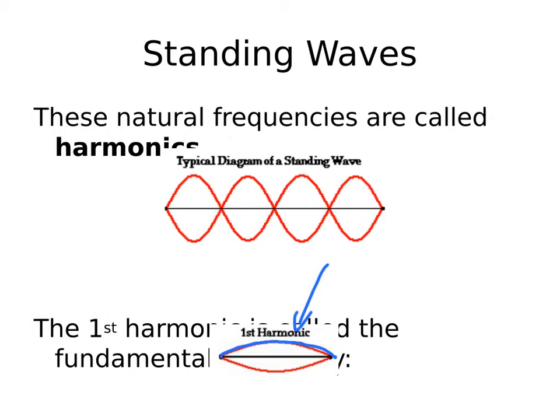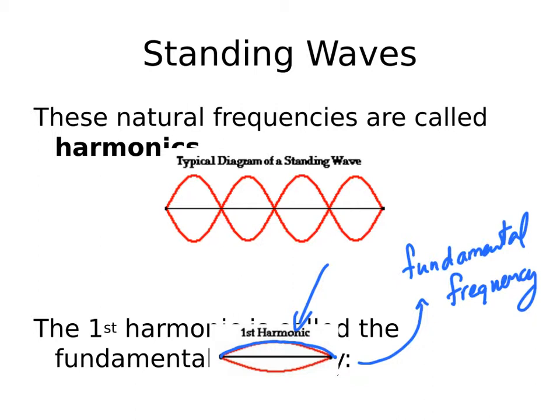If you're a musician, you may have heard that term before. So the first harmonic is called the fundamental frequency. It's hard to see that, so that's what that says. So fundamental frequency, and sometimes we'll just call that the fundamental. We might say, oh, that guitar string is vibrating in the fundamental, meaning it's the lowest frequency at which it will resonate.